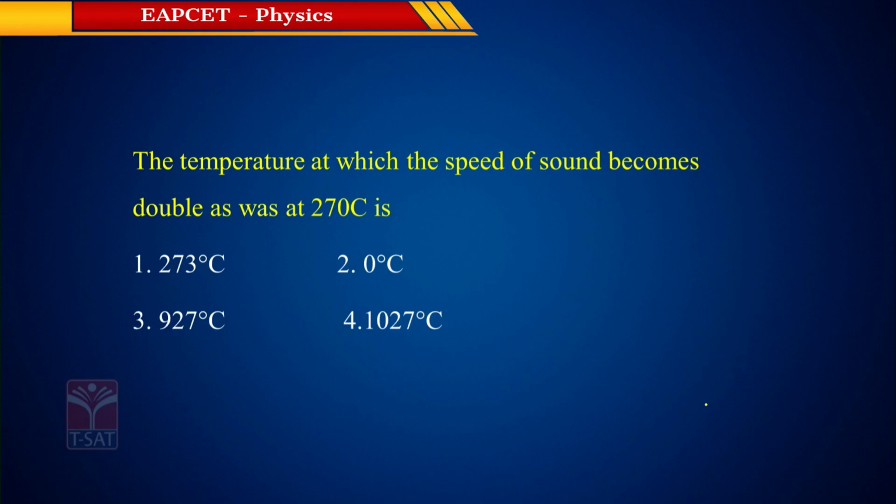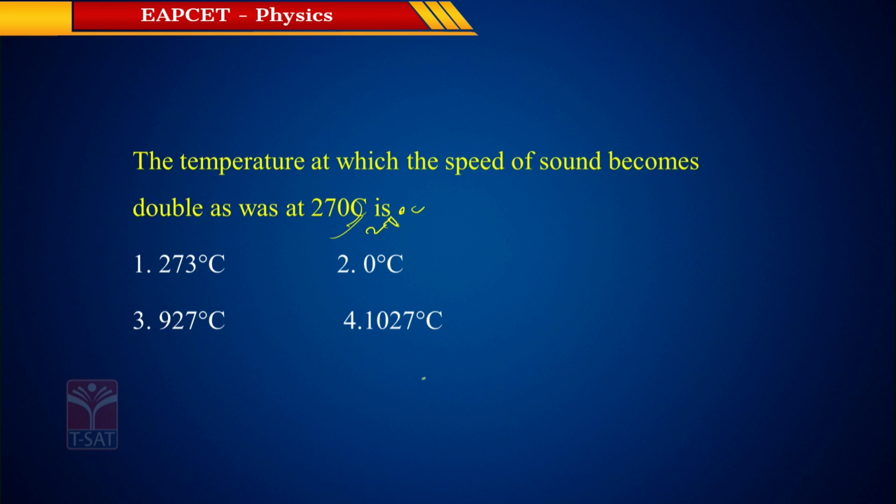The temperature at which the speed of sound becomes double that at 27 degrees centigrade. 27 degrees, children, is 27 degrees centigrade.